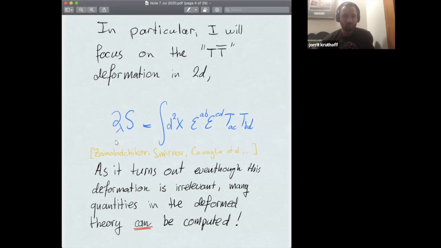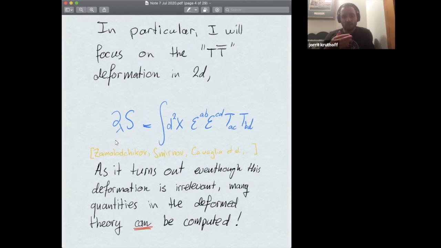This is an interesting deformation that was studied by Zamolodchikov, Smirnov, and Cavaglià, and many others in the past, say, 5 years, 4 years. What's interesting about this deformation is that it turns out you can compute various quantities non-perturbatively in the deformation parameter lambda. One other thing I want to mention is that the deformation of the action is a flow equation.